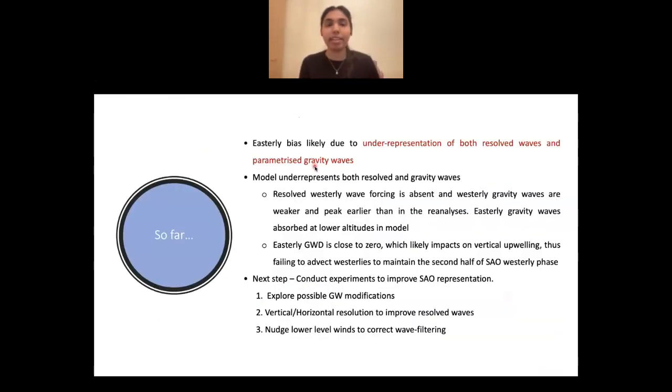So that's what I have here so far. We have seen that the easterly bias is likely due to the underrepresentation of both resolved and parameterized gravity waves. The next step for me is to conduct different experiments and see if any of these can help improve the SAO representation.